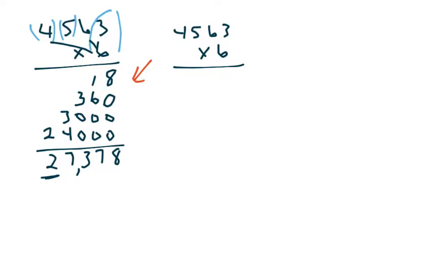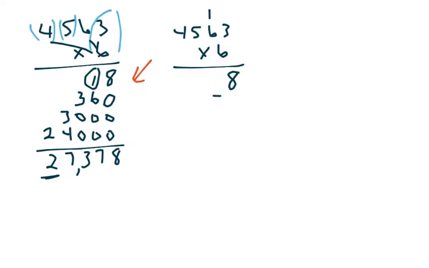Here we go. 6 times 3 is 18. Now, we're going to put down the 8 and regroup, put the 1 over in the tens, because it's 10. And that's what we had here, was 18. But we're going to put the 1 up here to add on in the tens place. Now, instead of putting down a 0 to add on, I'm just going to go to the tens place.